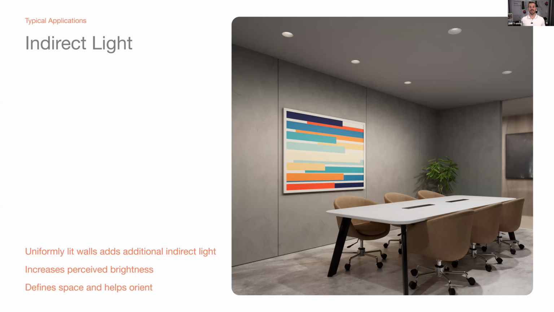It can be used even on a blank wall, but even just a typical wall in a conference room like this, where you have some artwork, adding a layer of light to that wall is going to create a nice soft indirect light that helps with reducing shadows and making the room more comfortable and easy to be in all around. It's going to define the space, provide some orientation, and give a nice even layer of indirect soft lighting to that room.